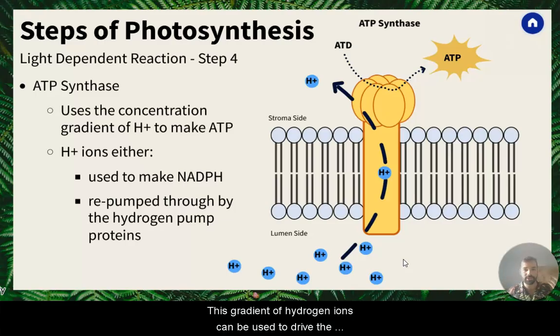This gradient of hydrogen ions can be used to drive the production of ATP. That should say ADP right there, not ATD. Yeah, this should sound a little bit familiar at this point. Similar sorts of structures.